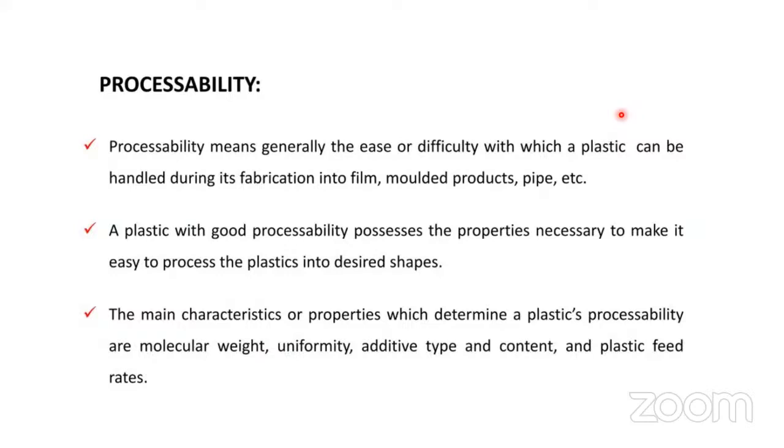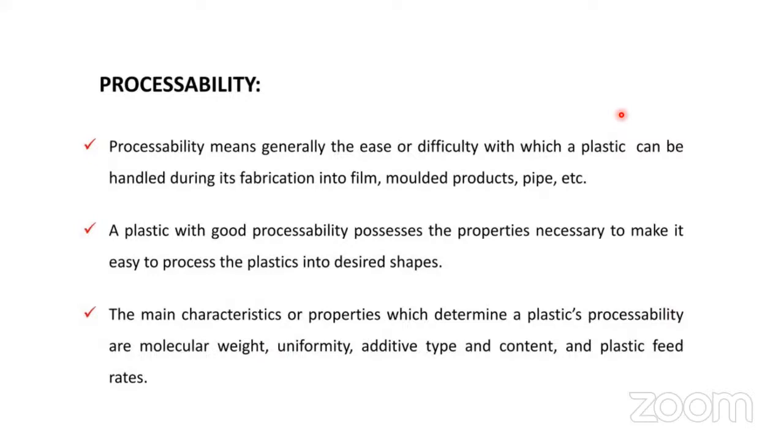The main characteristics or properties which determine a plastic's processability, which are the governing factors which affect the processability, are the molecular weight of the polymer, uniformity of the polymer, the types of additives you are using in the compound, and the contents. What are the contents you are using? What is it, 2%, 3%, 5%, 20%?